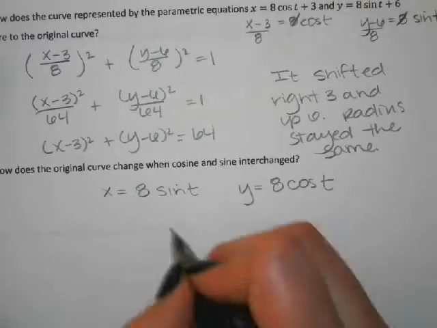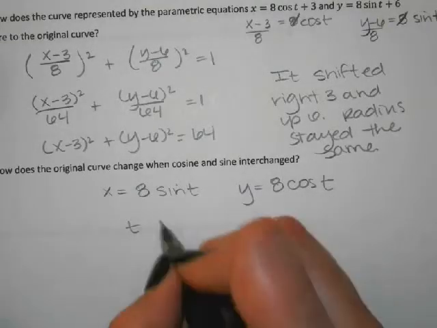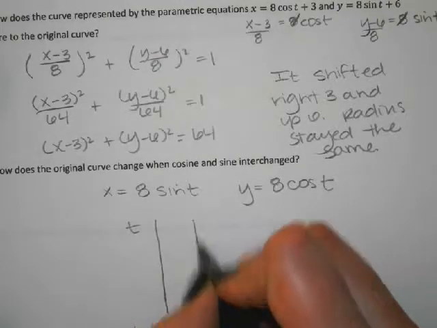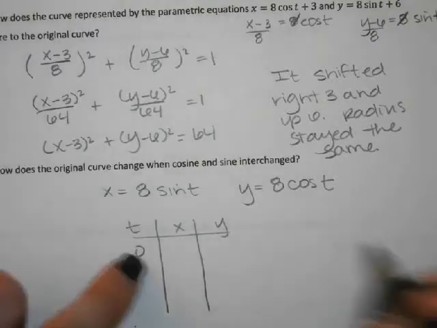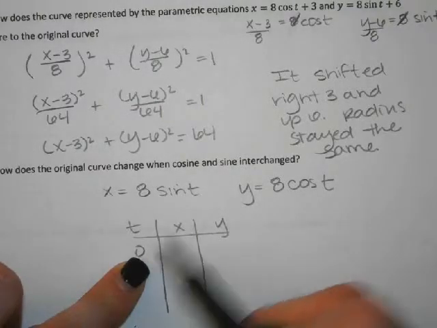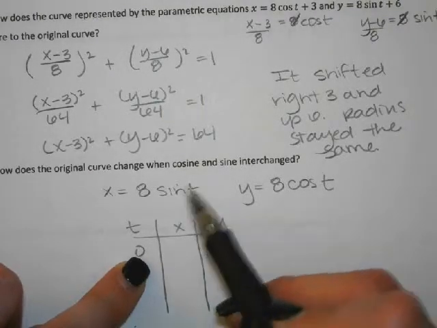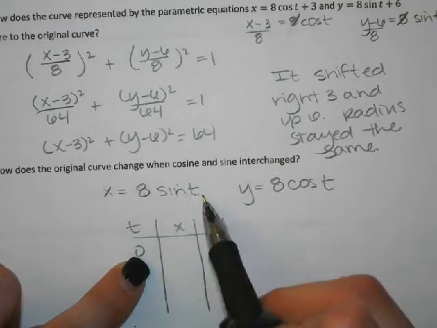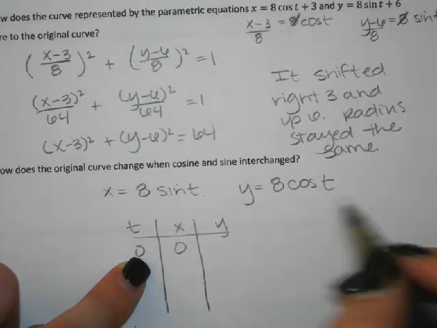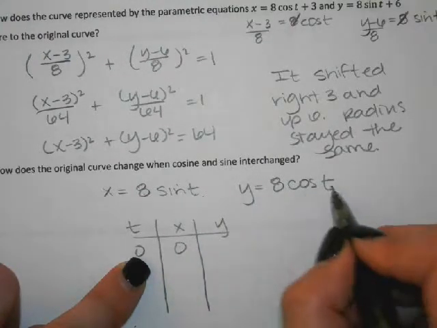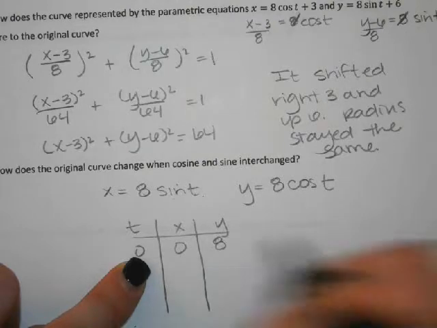So what we're going to do is we're going to write a table so we can think about what would have happened. So if we plug 0 in for t, x would be 8 times sine of 0, which is 0, right? And then 8 times cos of 0 would be 8.